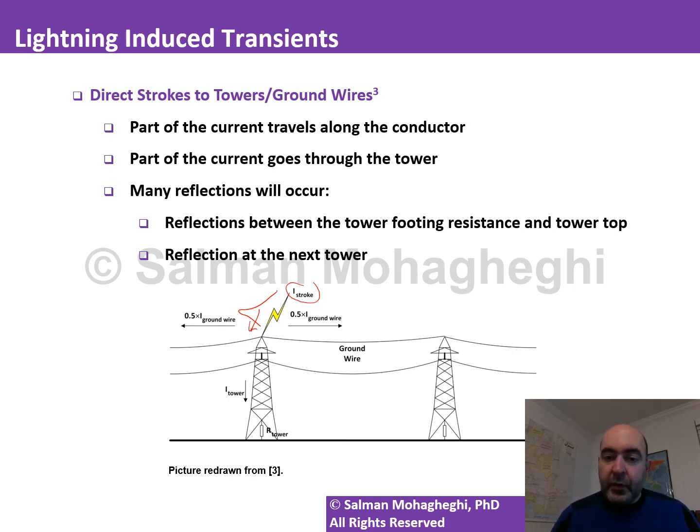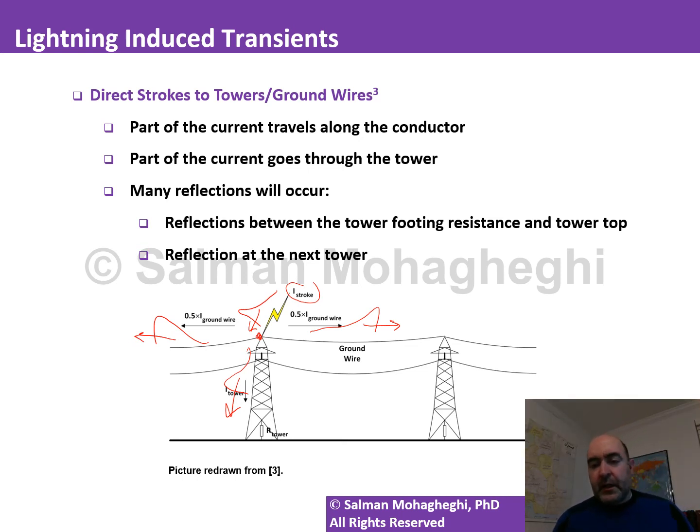Imagine I have a guard wire here, so if I write the KCL at this particular node, the incoming current, which is the lightning current, will be split into three portions. One would be the portion that will go through the tower to ground. The other portion is that traveling wave that travels along the ground wire in this diagram to the right, and the other portion is the traveling wave that travels along the ground wire to the left.